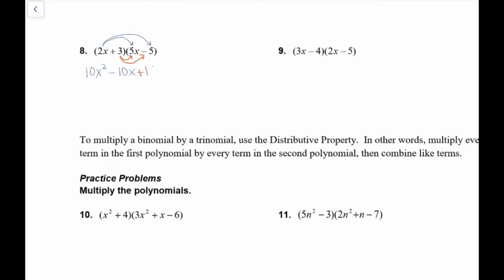Then the inside terms, the 3 times 5 is 15x, and 3 times negative 5 is negative 15. We combine the negative 10x and the 15x to give us 5x. So we get 10x squared plus 5x minus 15.